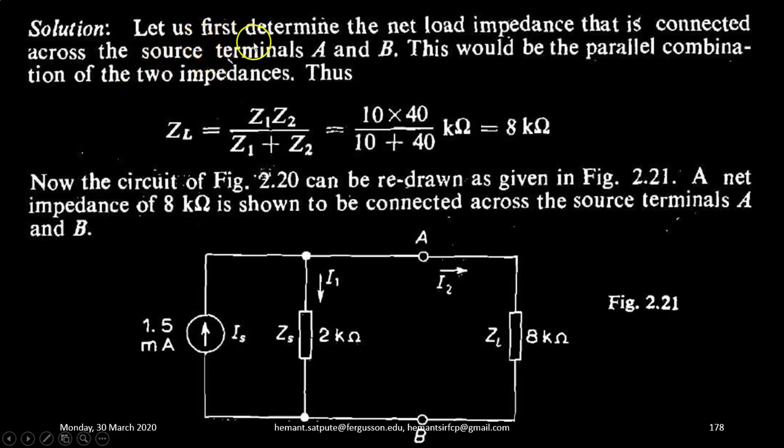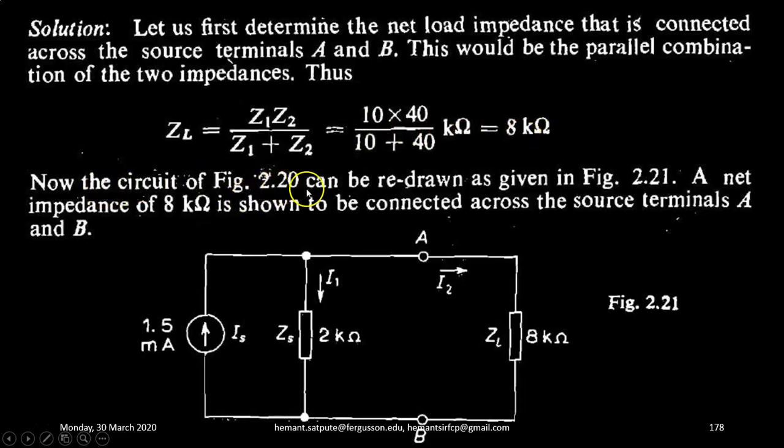Solution. Let us first determine the net load impedance that is connected across the source terminals A and B. This would be the parallel combination of the two impedances. So ZL will be equal to Z1 parallel Z2, so Z1 Z2 upon Z1 plus Z2, that is the equivalent impedance. That comes out to be 8 kilo ohm.